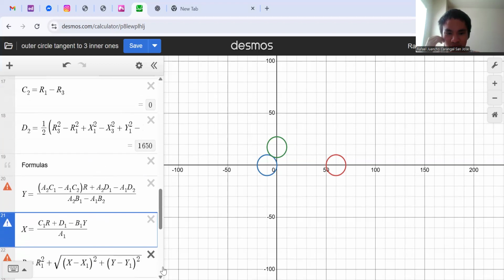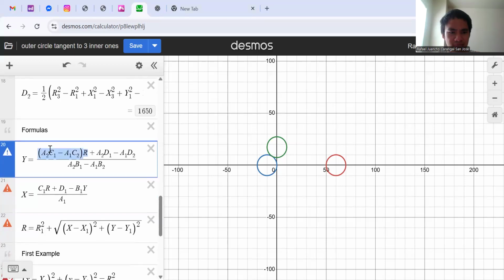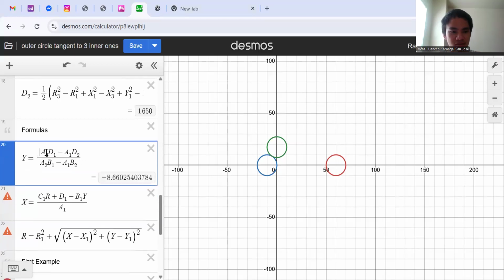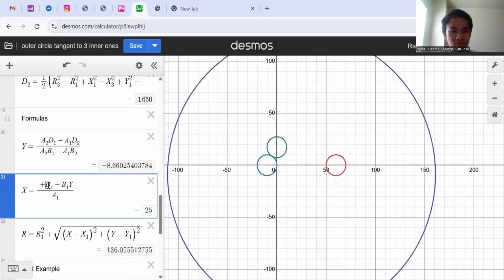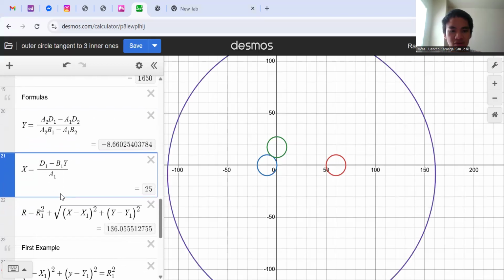But if it becomes zero anyways, why bother? Because I kid you not, this actually works. I just need to fix the formulas. I think this one should be a zero. And now I have that.